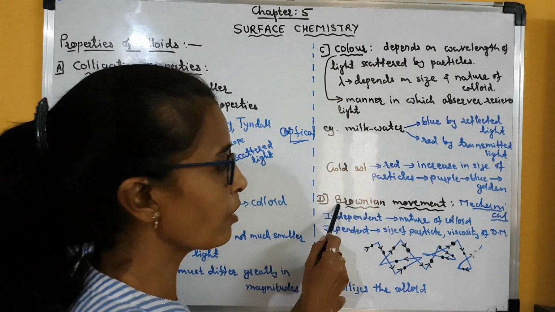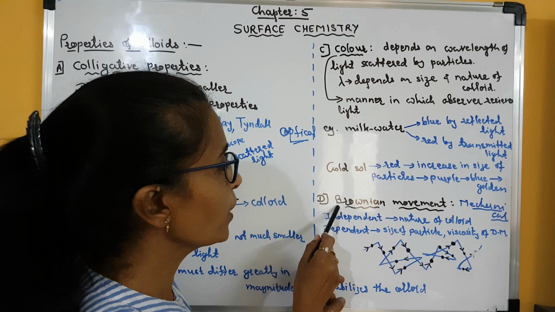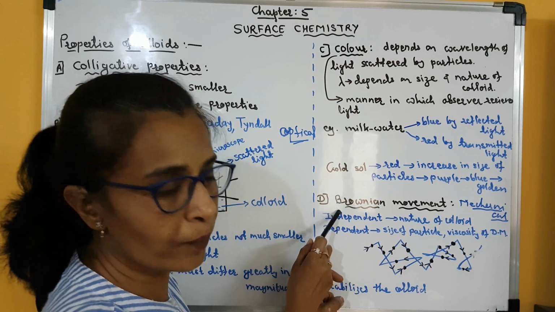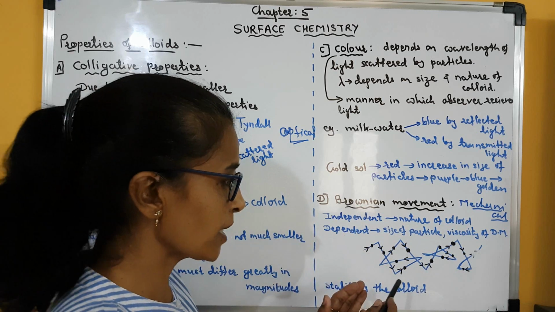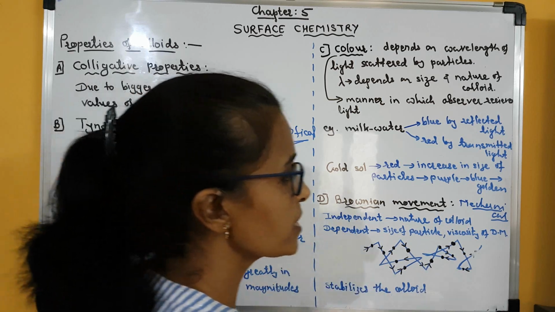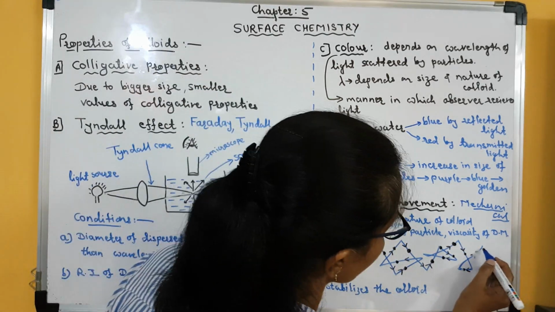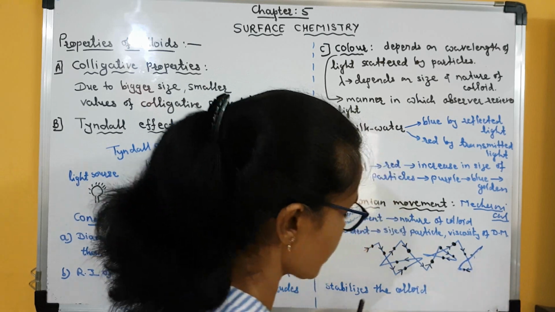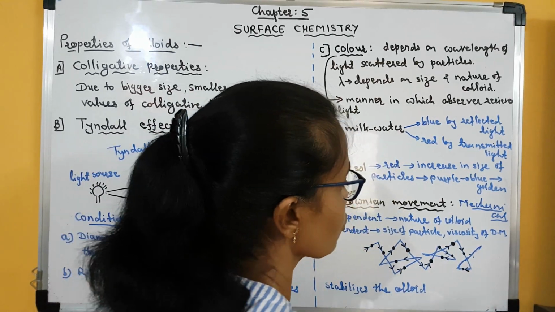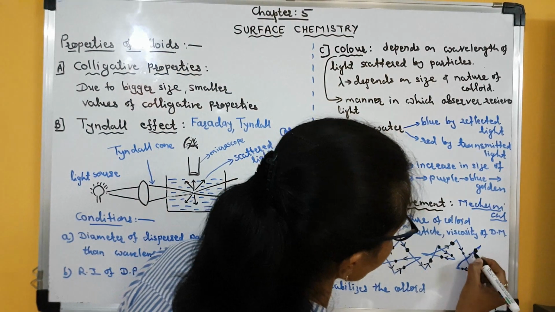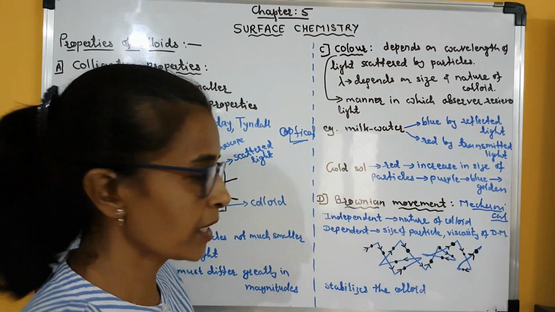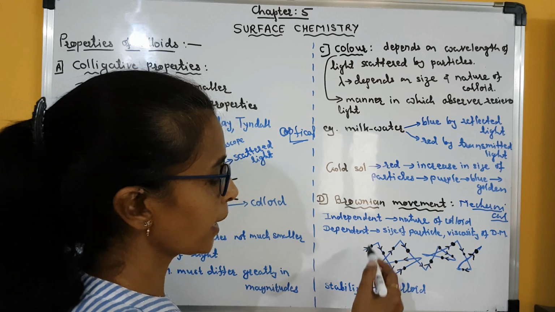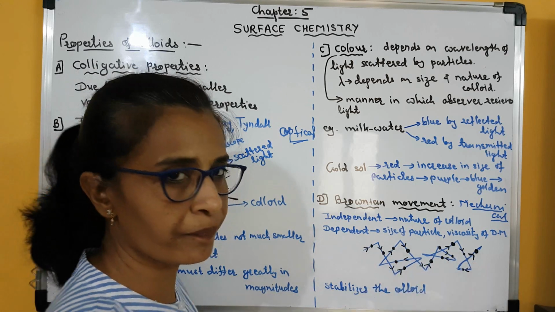So here the Tyndall effect is used in the construction of the ultramicroscope. Now with the help of the ultramicroscope we can observe Brownian movement. When a colloidal sol is taken in a glass vessel and observed by the ultramicroscope, these black dots are colloidal particles, and they are in continuous zigzag motion.